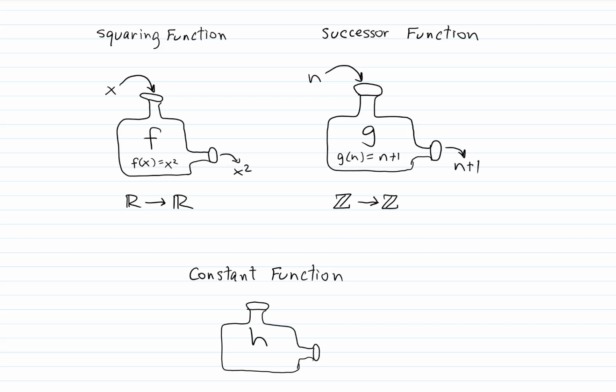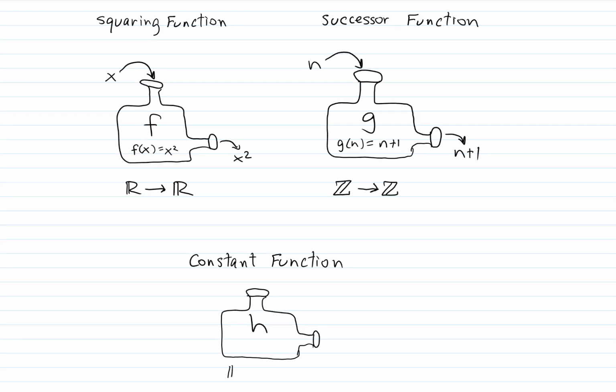So we'll call this one h, and that would be from the real numbers to the real numbers, where I'm going to use the variable r here. H of r equals the same thing all the time. In the book they use it too. So no matter what number you put in, you get a 2 out. Okay?